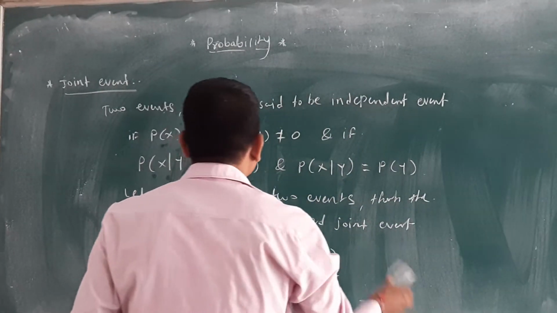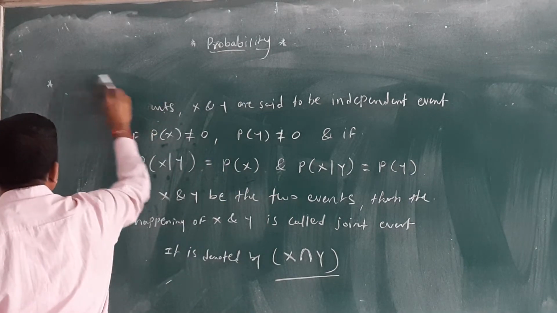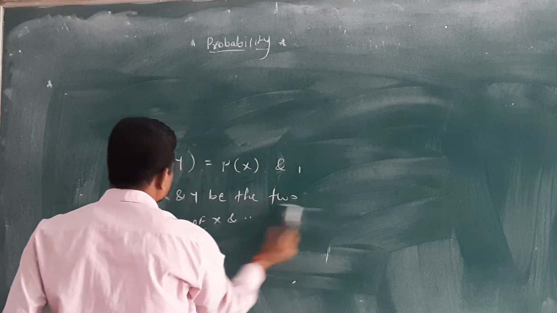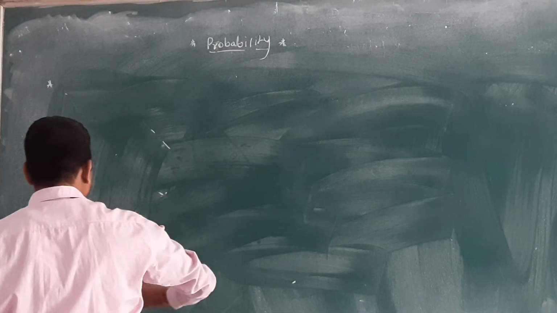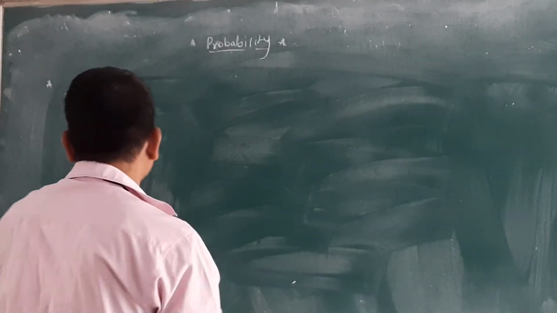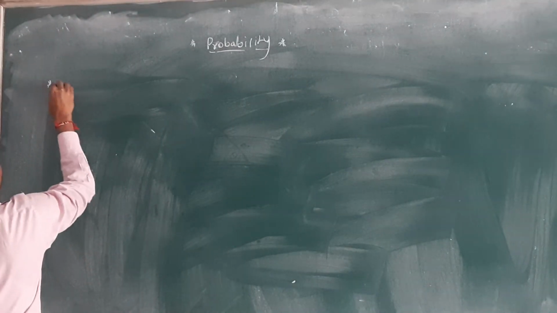Then one more important part is conditional probability. We'll see the details. What is the conditional probability? I will explain with the help of one example. Okay, conditional probability.